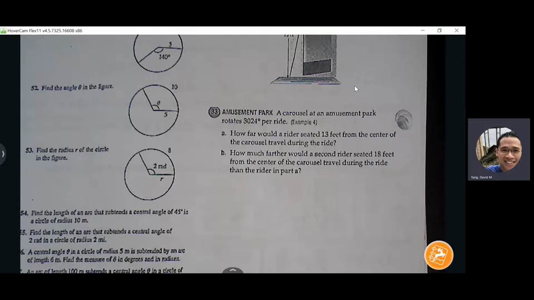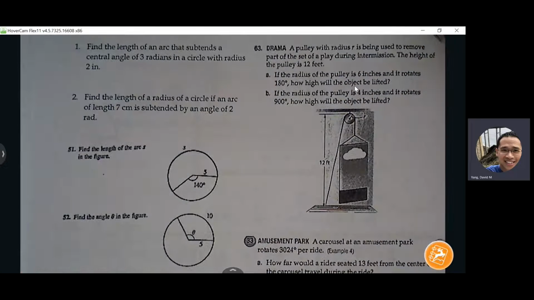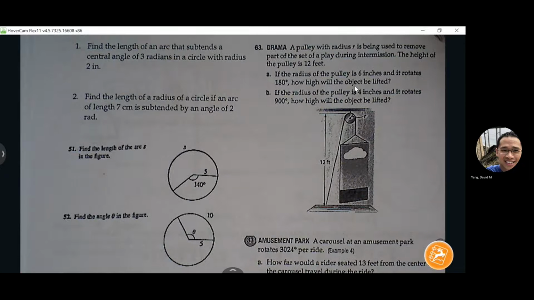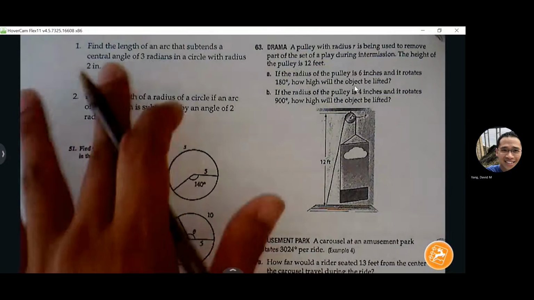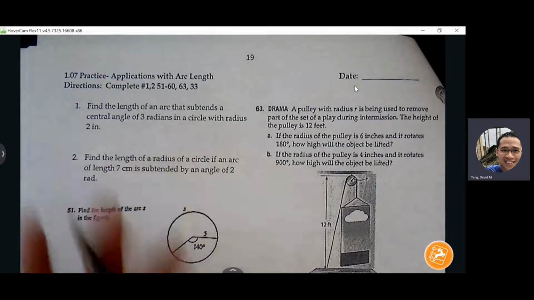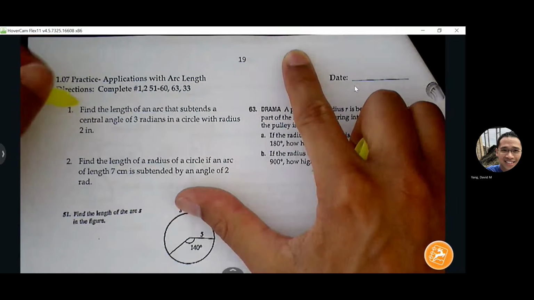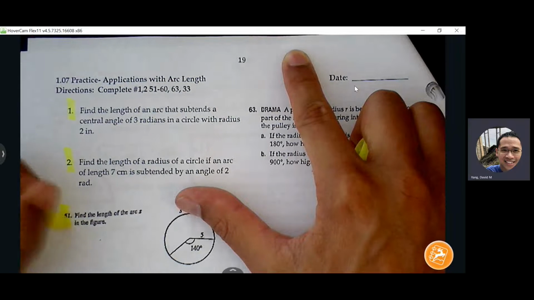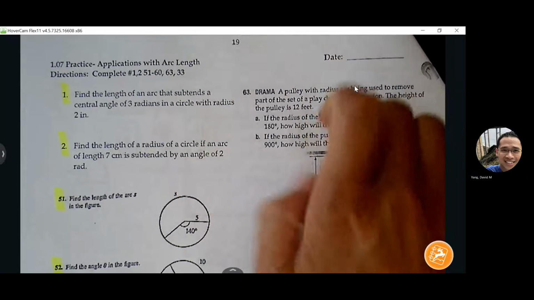So let's see if we can just do the first 5 problems, and I'll work through the problems as you guys do them as well. So go to page 19. I'll just highlight the problems that we're going to do. Hopefully, we'll be comfortable enough to move forward.